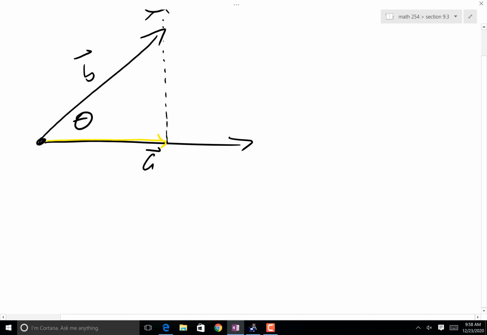So let's think about this. This yellow line that I have drawn here is what we call the projection, and we're talking about the projection of B onto A. And the way we're going to write that is two ways.